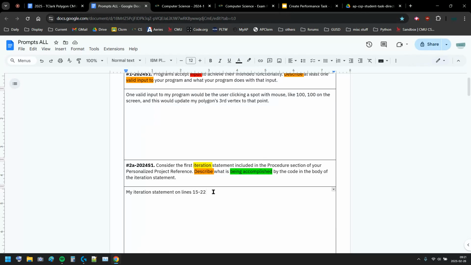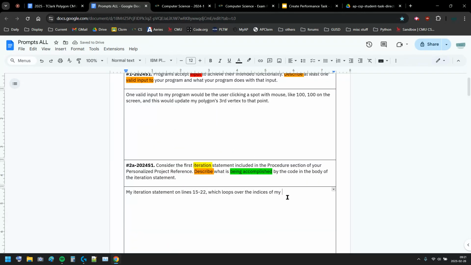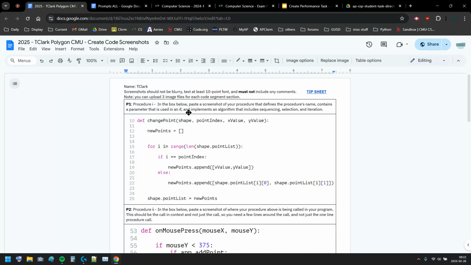So I say, okay, on lines 15 to 22, which loops over the indexes of my, what does it do? Shape.pointList. It will search for, so what am I searching for? What's this if statement? It's searching for a specific index to match the parameter, what is it? Again, I'm looking at what I'm saying, point index.